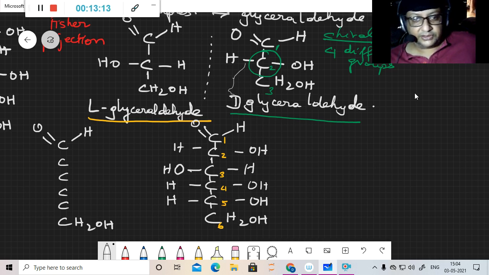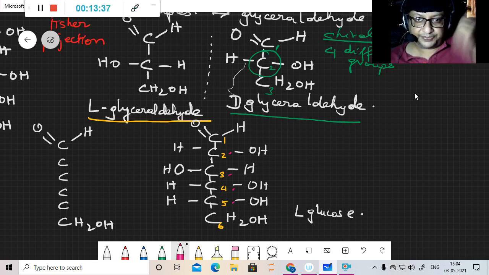So this is the structure of L-glucose. This is a chiral carbon, this is a chiral carbon, this is a chiral carbon, and this is a chiral carbon. So you have these 4 chiral carbons over here, attached to 4 different groups. Now the chiral carbon which is farthest away from the first carbonyl carbon.